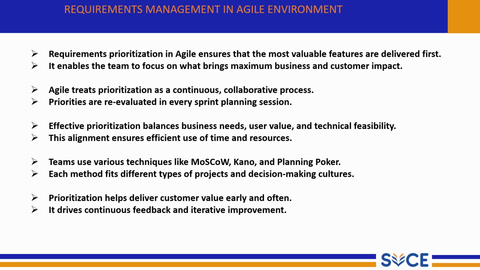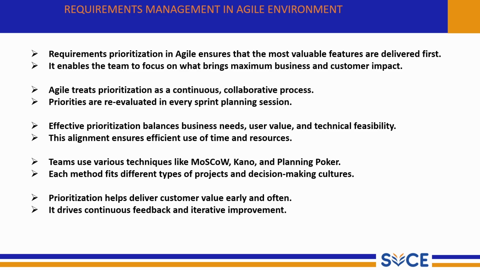Agile treats prioritization as a continuous, collaborative process. Prioritization is not done just once. It is a continuous activity in Agile. The team, product owner, and stakeholders regularly discuss which requirement should be done next based on current needs.